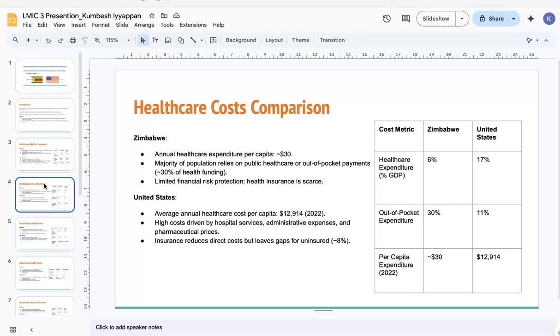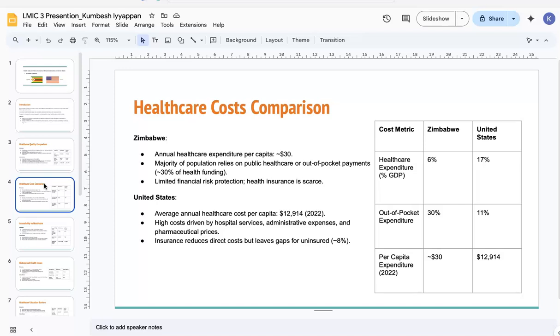Whereas in the US, the average annual healthcare cost per capita is almost $13,000. The high cost of healthcare is driven by hospital services, administrative expenses, and pharmaceutical prices.